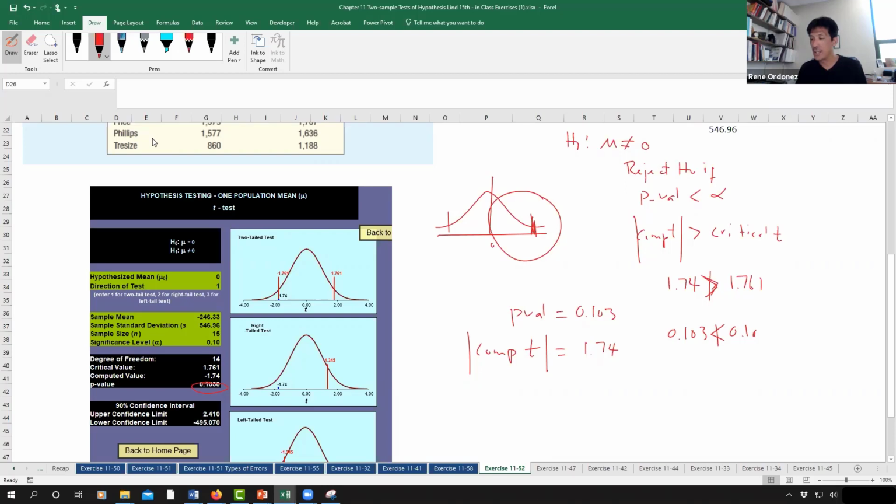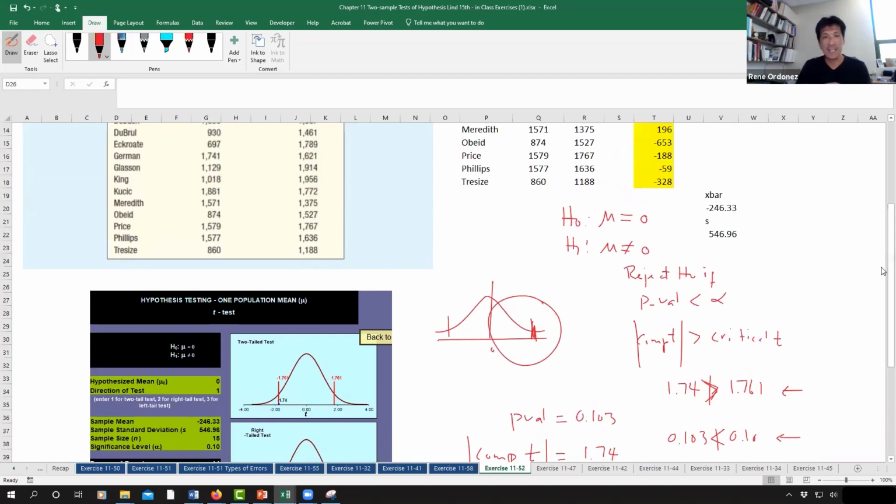So whether you use the computed statistic or the p-value as your decision rule, you should come to the same conclusion. That is, we will fail to reject the null hypothesis. And by failing to reject the null hypothesis, we are saying that the data does not support the rejection of the null hypothesis.